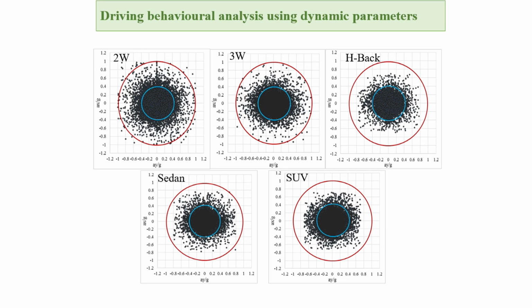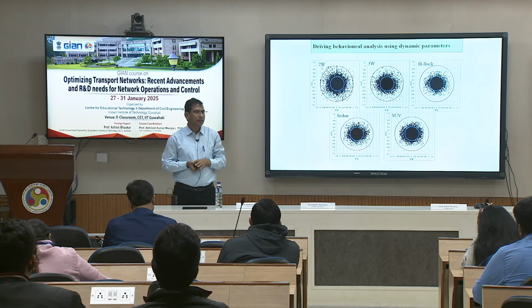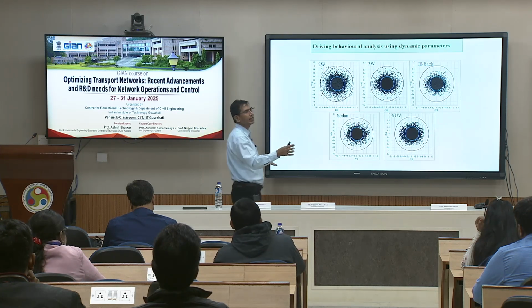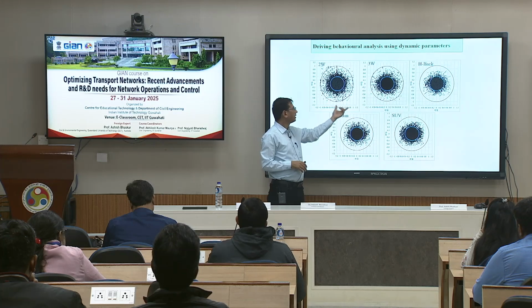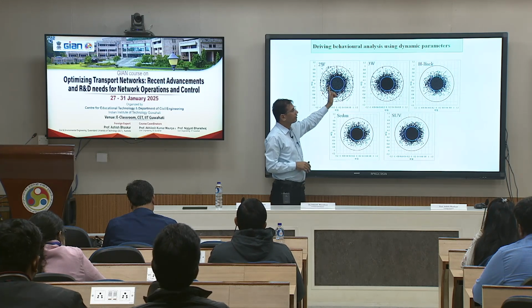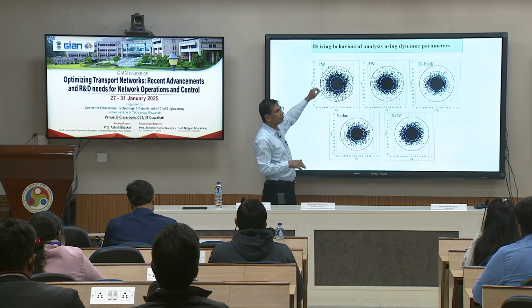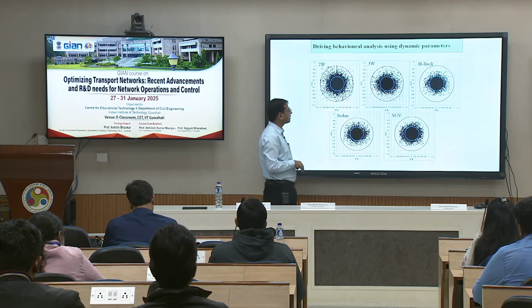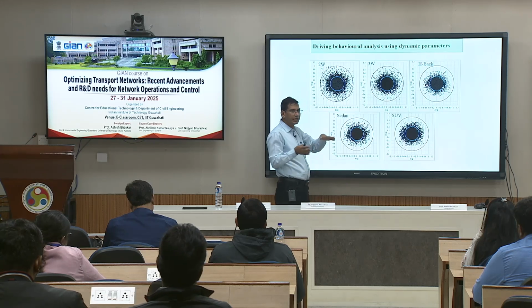If you are going beyond this circle, there is a certain amount of risk involved, though they are still safe, because whatever coefficient of friction the IRC value gives automatically accounts for a certain factor of safety. But in extreme weather conditions, if you do the same kind of serpentine motion, it may not remain the same if your value is outside the circle. We observed that two-wheelers had much more serpentine motion than other vehicles.